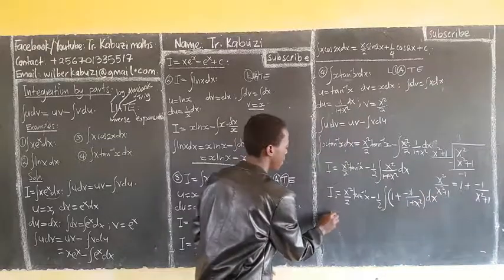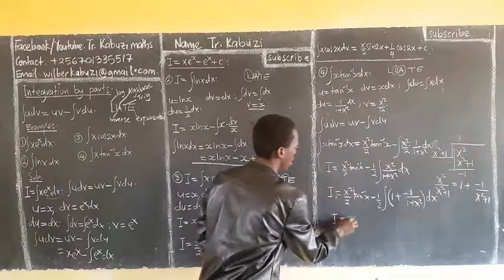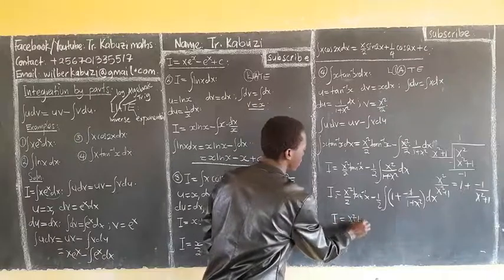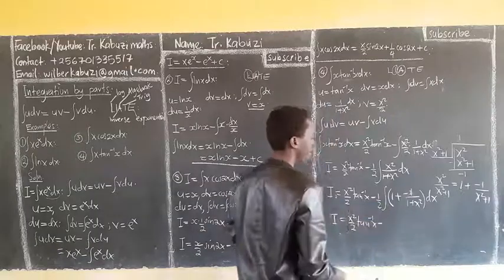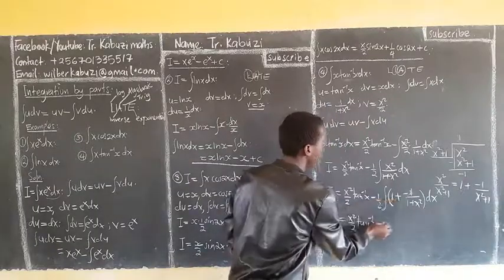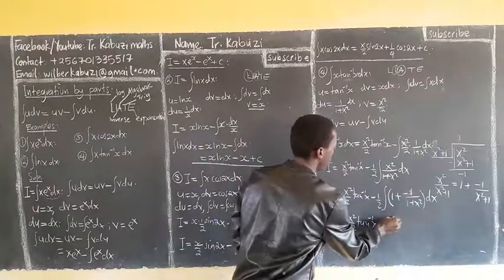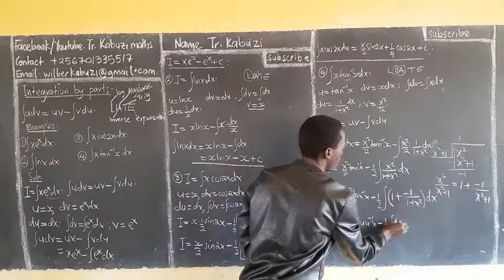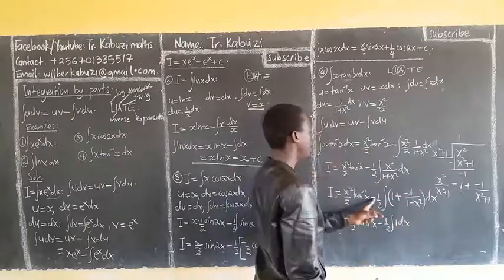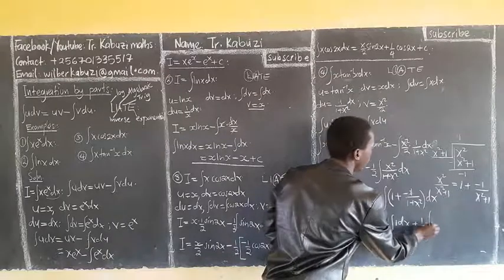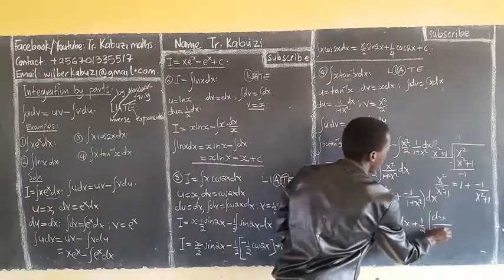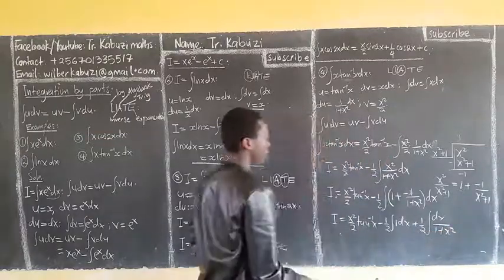So this will be the integral x squared over 2 tan inverse of x. Then minus, we can easily separate this to get a half integral of 1 dx. This negative and this negative give a positive, a half integral dx over 1 plus x squared.